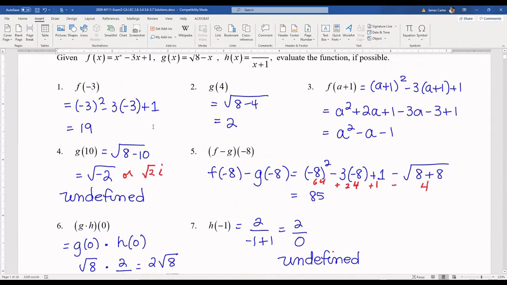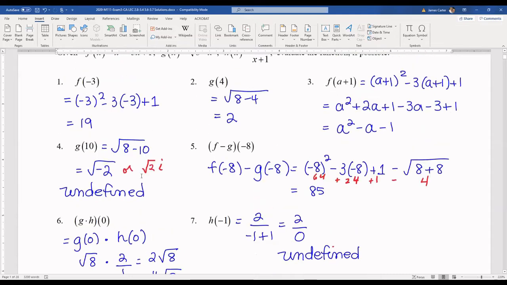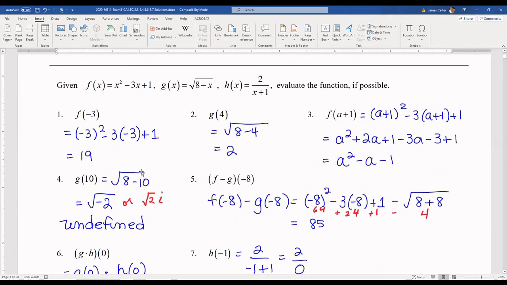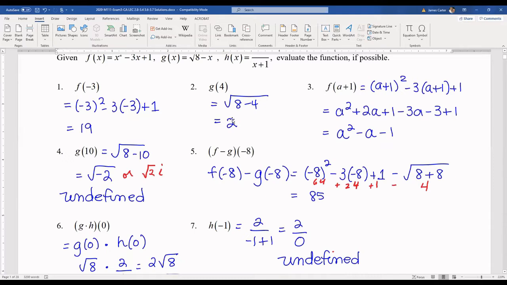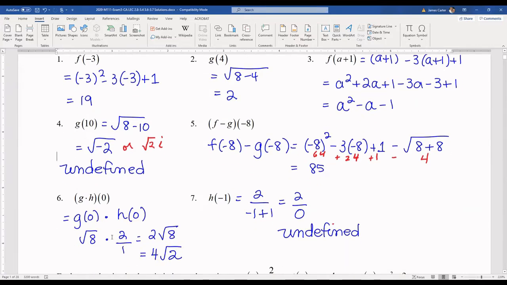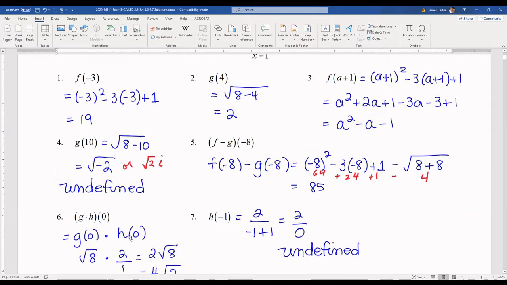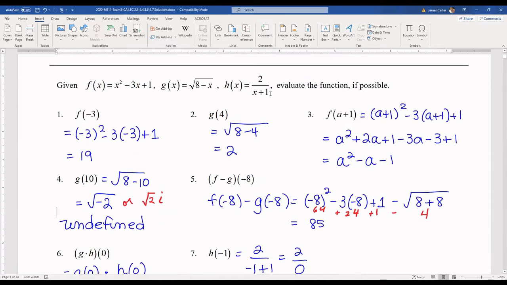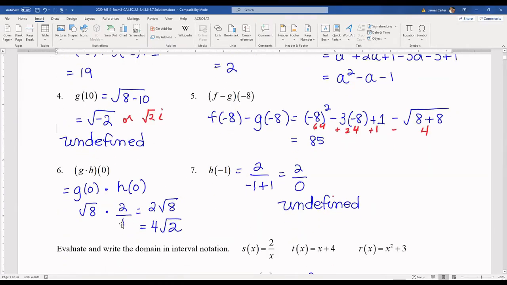Okay, so in this case, we would have our h we're looking at. So we would have 2 over square root of 8, and here's 2 over 0 plus 1 right there. And that would give us 2 square root of 8. 8 breaks down into 4 times 2. Extract 2 out of that, giving us 4 square root of 2.